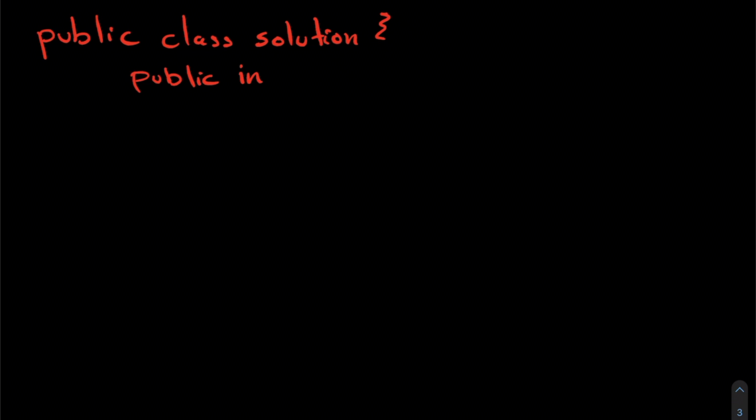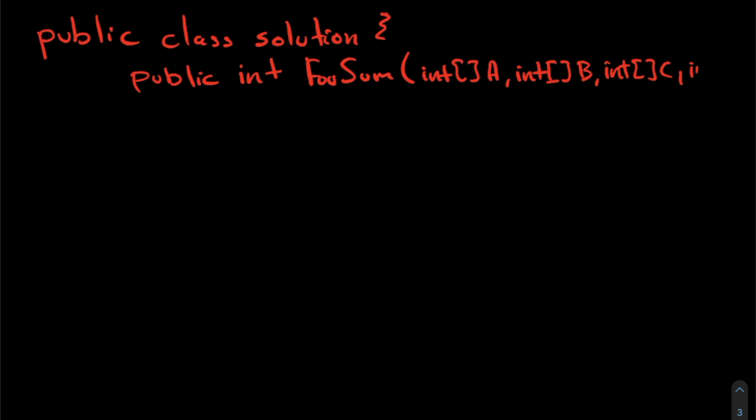In Leetcode, you're obviously given the public class Solution, and then the method header that they give you is fourSum, and they're giving you int array A, int array B, int array C, and int array D.